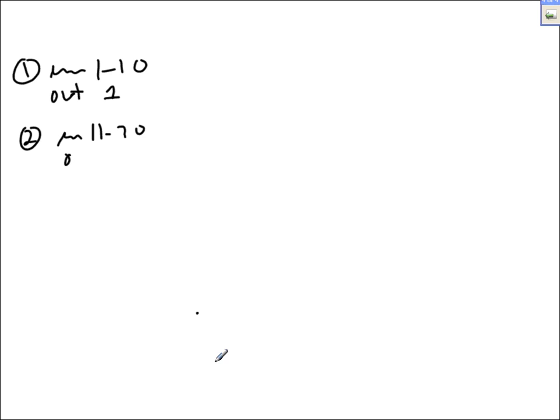But this time, we're going to take out a random number. Okay, so first step is we put in 1 through 10, and we take out 1. Not ball number 1. Sorry. In 1 through 10, out 1 ball. Step 2, we put in 11 through 20, and we take out 1 ball.